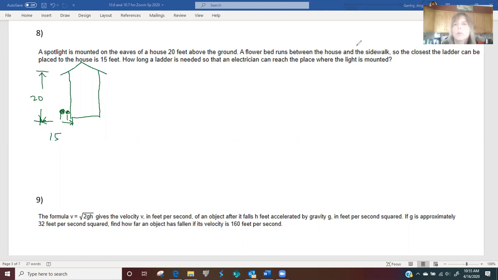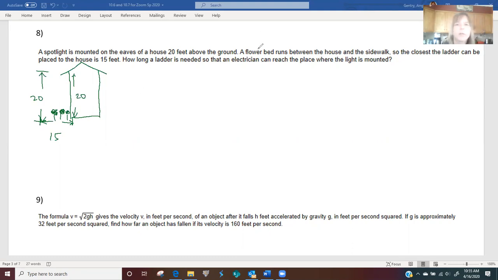The flower bed runs between the house and the sidewalk. The closest the ladder can be placed to the house is 15 feet. So here's more flowers, but for a visual, how long a ladder is needed so that an electrician can reach the place where the light is mounted? So we know this thing here is 20.